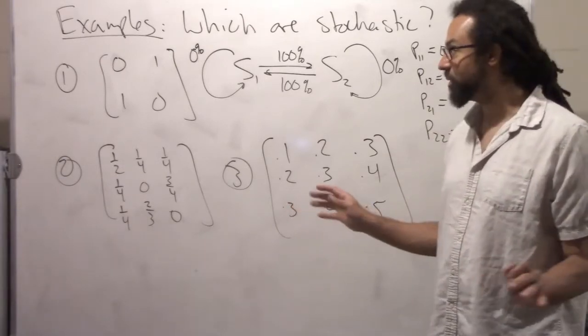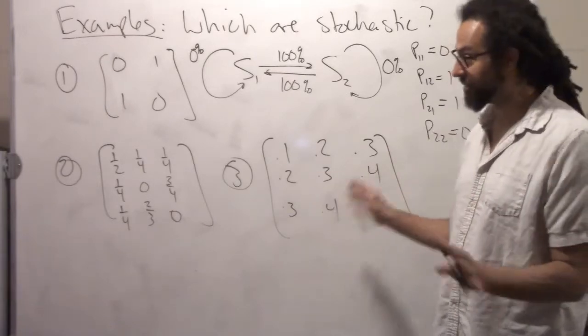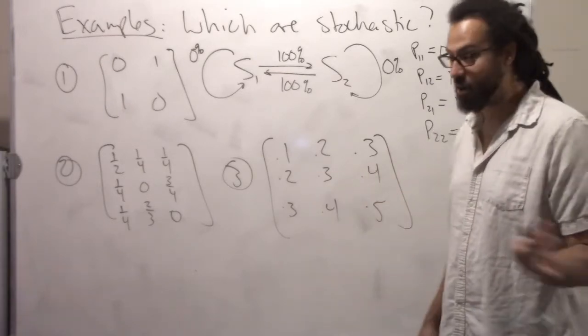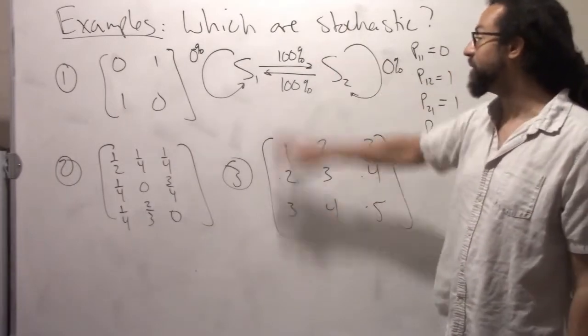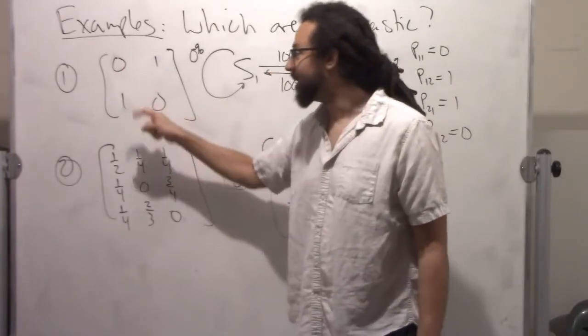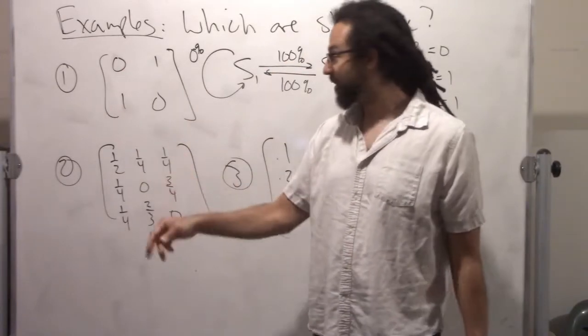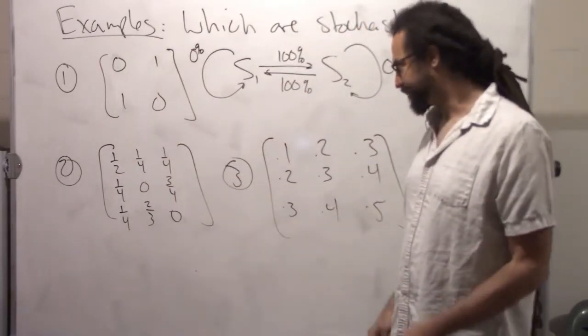So we'll confine our study of stochastic matrices to square matrices. So which of these are stochastic? All of the entries are between 0 and 1, so check. And when you add up along all of the columns, you get 1.